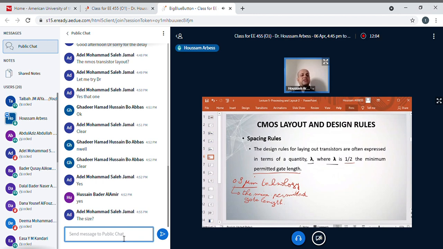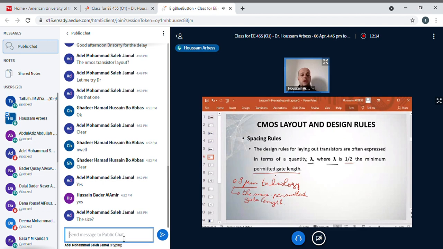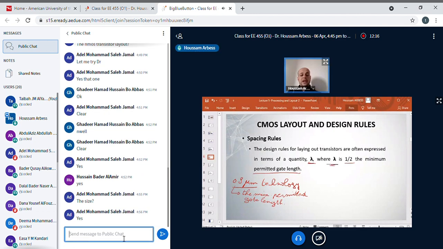I cannot have a channel length smaller than 0.8 micrometer. I can have a higher one, but not lower. Is it clear? So they defined lambda as half of the minimum permitted gate length. So if I'm working on 0.8 micrometer technology, lambda equals 0.4 micrometer.